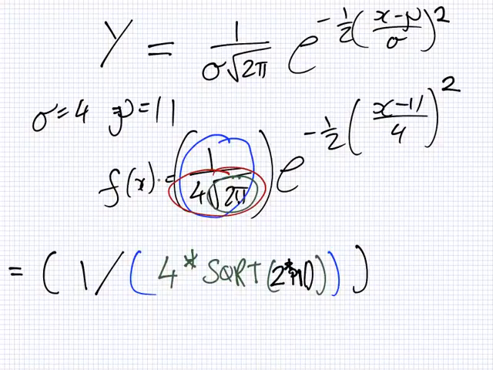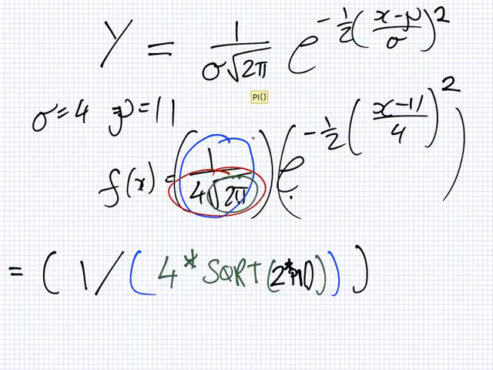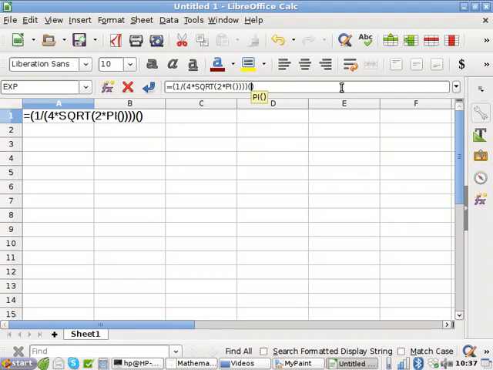Okay, now let's look at the next part, this one here. So firstly it needs brackets. And then let's type it. Oh, sorry, star brackets. I forgot my star.